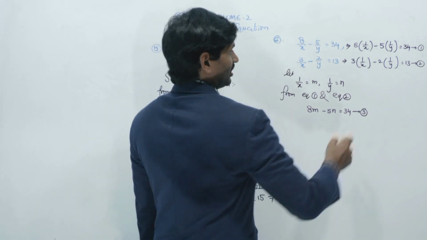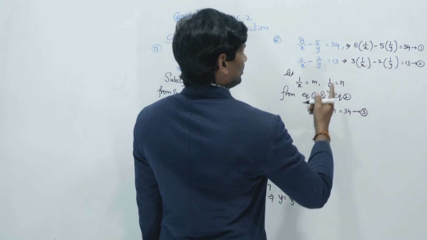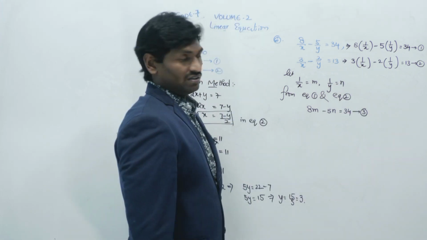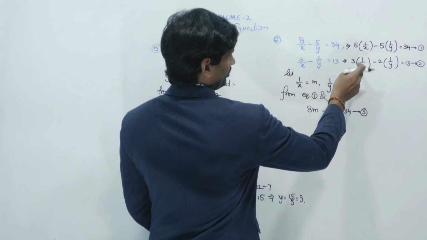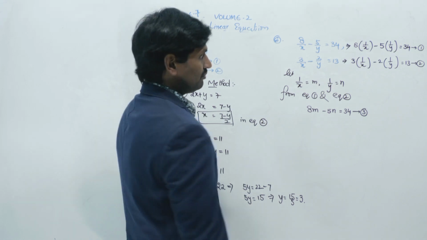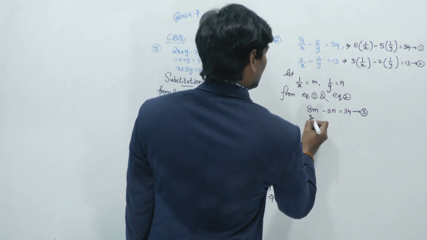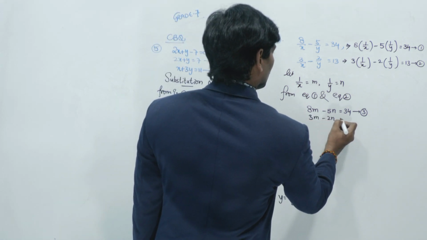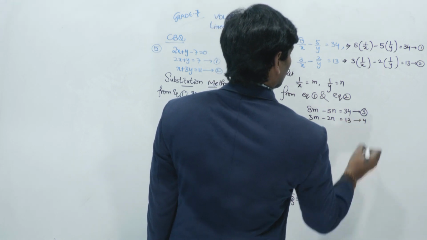In the same way, from equation 2, 3m minus 2n equals 13, equation 4.